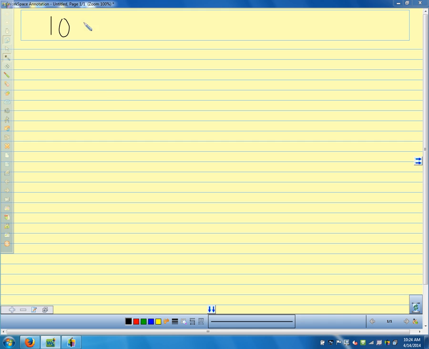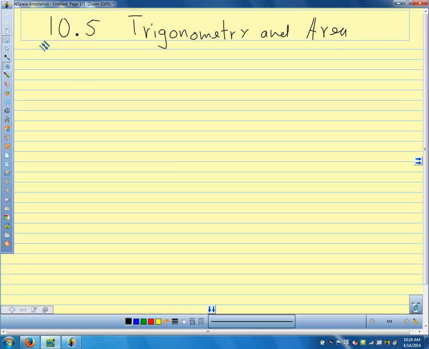So we're in section 10.5 and we're using trigonometry to find area. So we're still talking about regular polygons. That's what we've been talking about for the last few days.